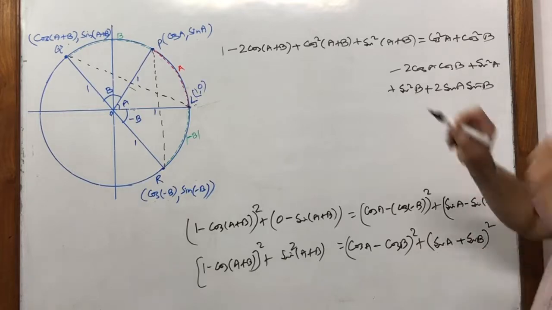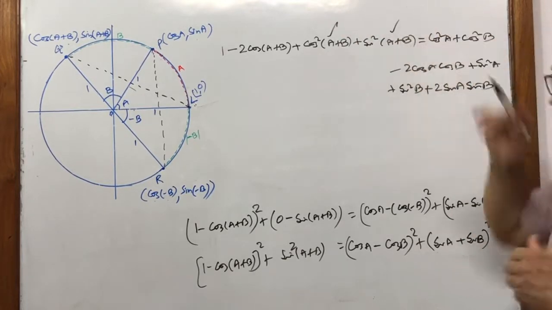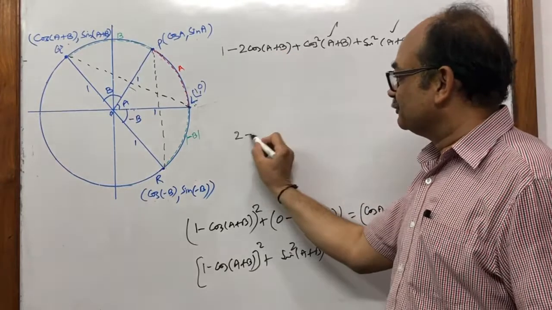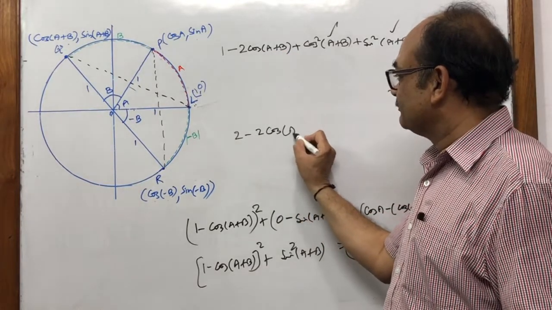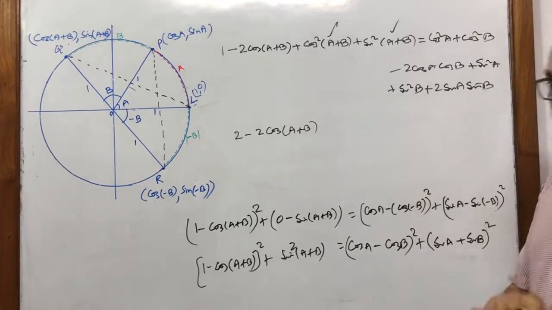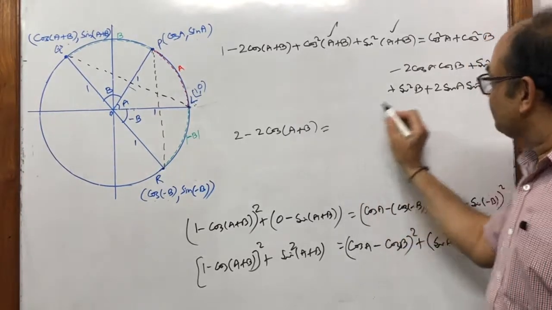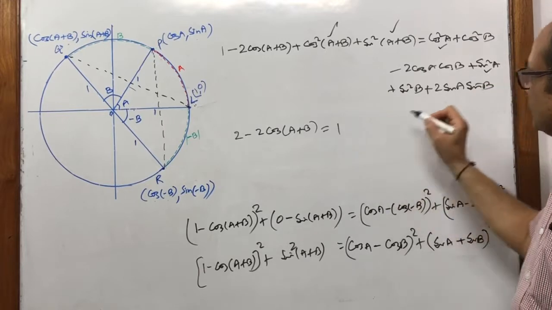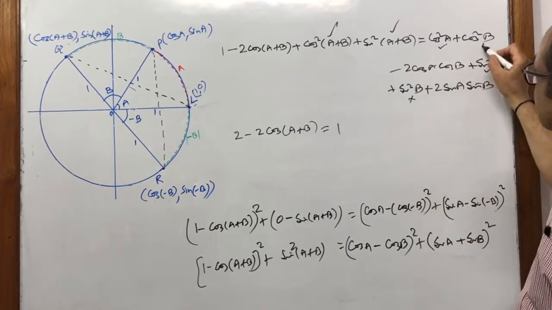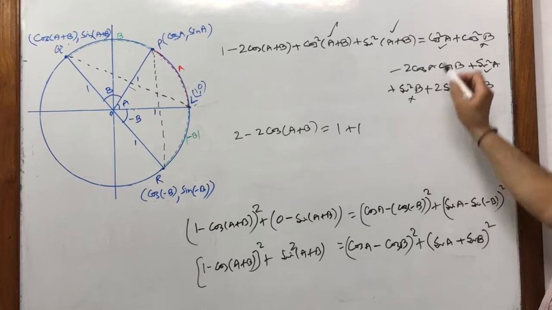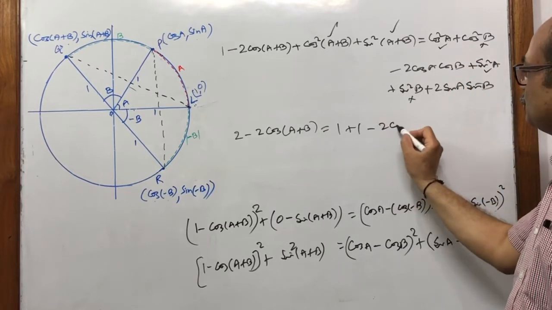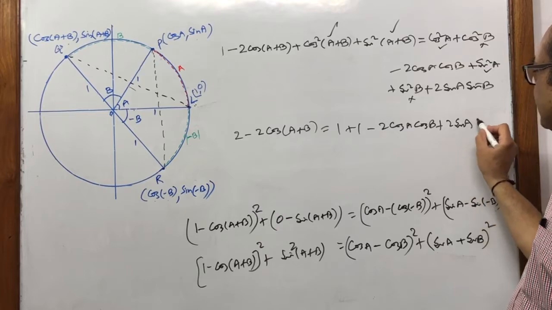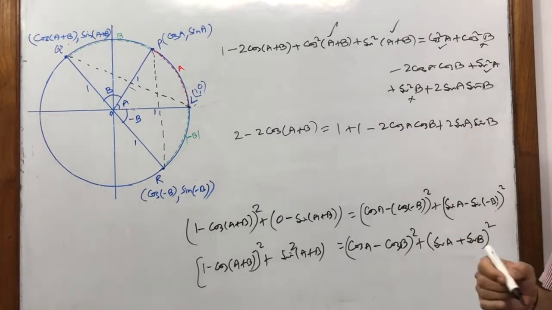Now tell me, what is cos square theta plus sin square theta? 1. So 1 and 1, 2. So we have 2 minus 2 cos(A plus B). And on the right hand side, cos square A and sin square A give 1, cos square B and sin square B give 1, minus 2 cos A cos B plus 2 sin A sin B.